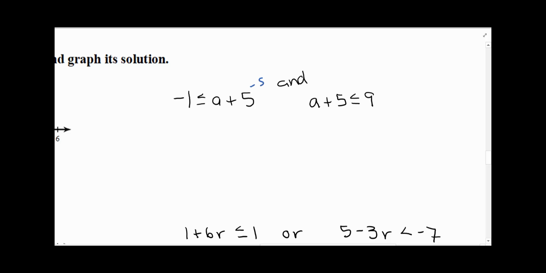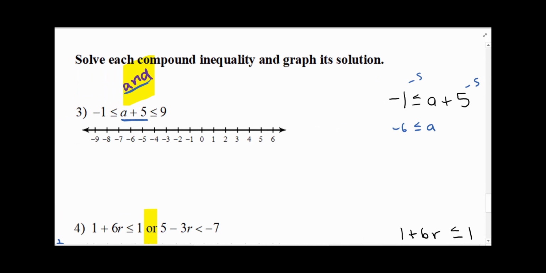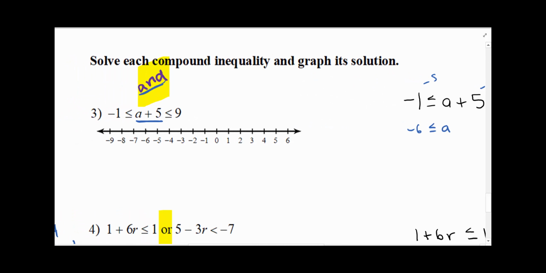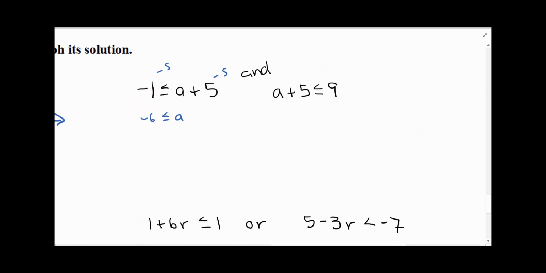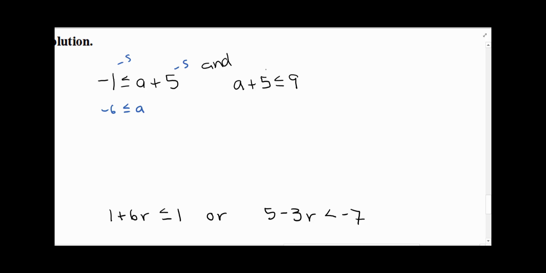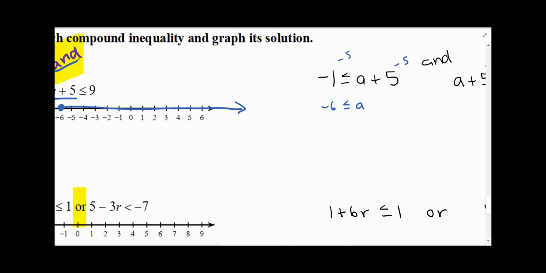So I'm going to subtract 5 both sides. And then I read it starting from this says a is greater than or equal to negative 6. So at negative 6, a are all the values greater than negative 6. Let's see what we have here. We're going to subtract 5, subtract 5. A is less than or equal, solid line, solid dot.